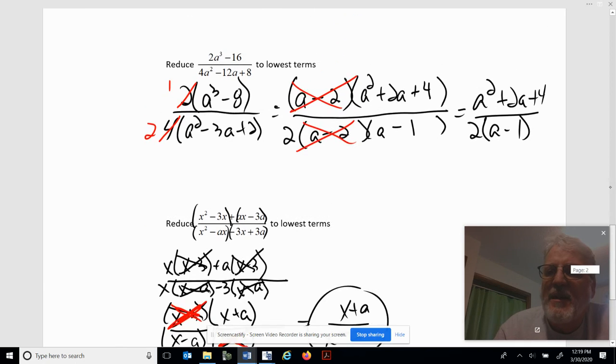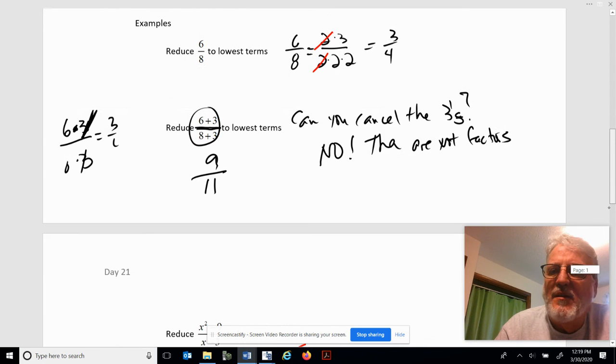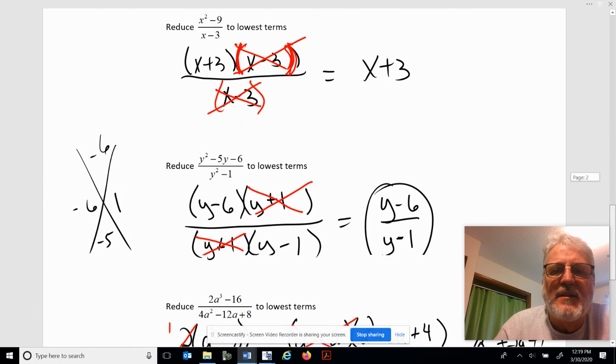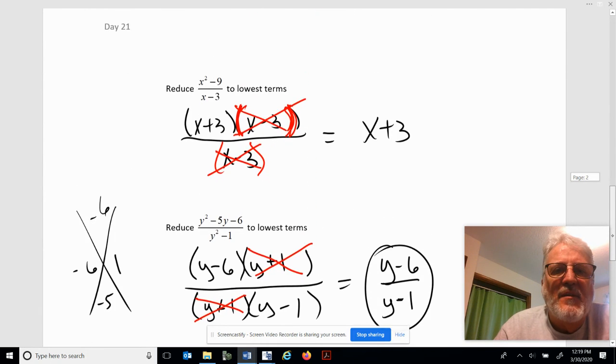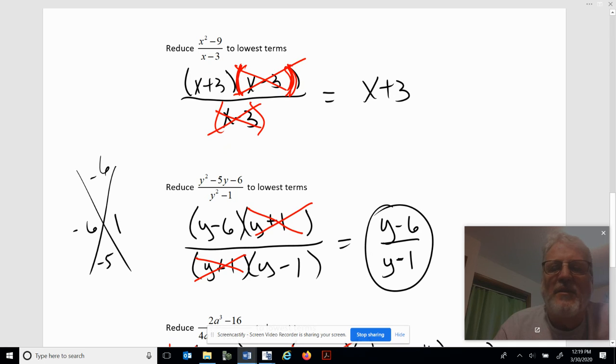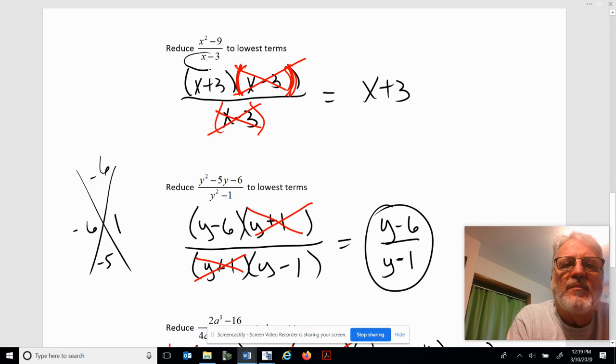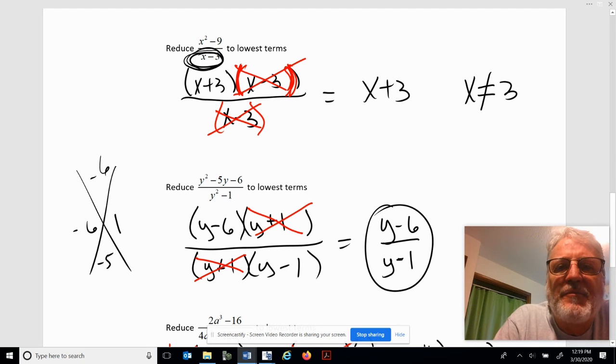So one thing I need to do is back up to about right here, and let's talk about the denominators. So if you look at this original problem, that denominator is x minus 3. That means x cannot be 3, because if x is 3, that's going to cause this denominator to be 0, which makes this whole thing undefined.